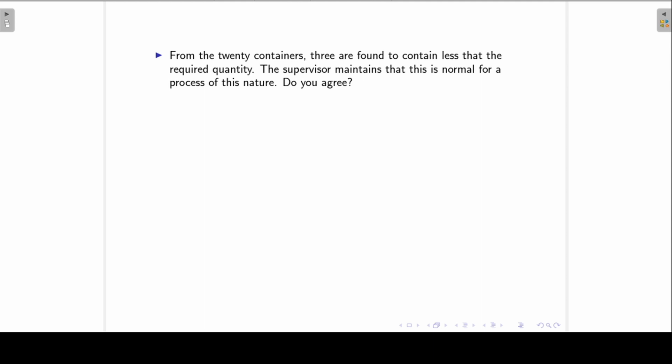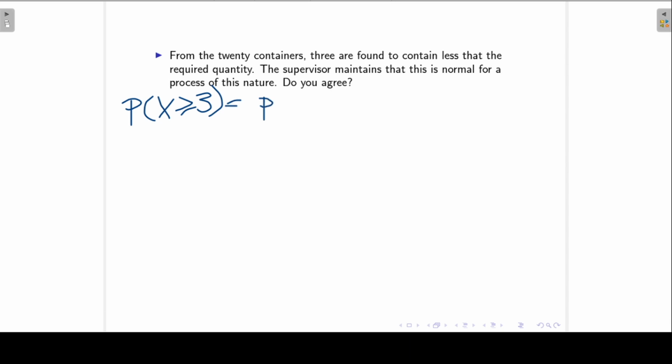Okay, so if indeed only 5% of the containers contain less than the quantity printed on the label, is it normal that as many as 3 or more containers will contain less than the quantity printed on the label? So we want to calculate the probability that x is greater than or equal to 3.